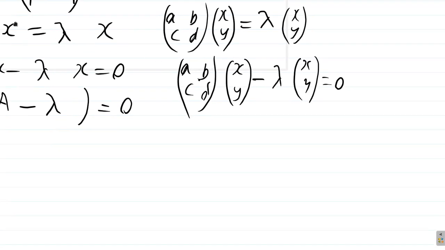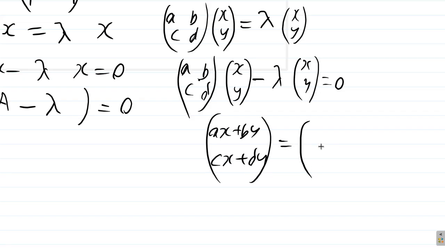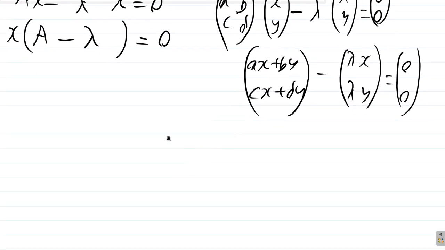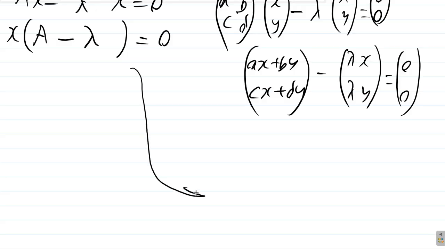So remember now, if you multiply these out, you have ax plus by and then cx plus dy, minus lambda x, lambda y, equal to, well, the 0 would be 0, 0. It's a matrix. Okay, good. But then the issue is, when it comes to this part, what will happen?